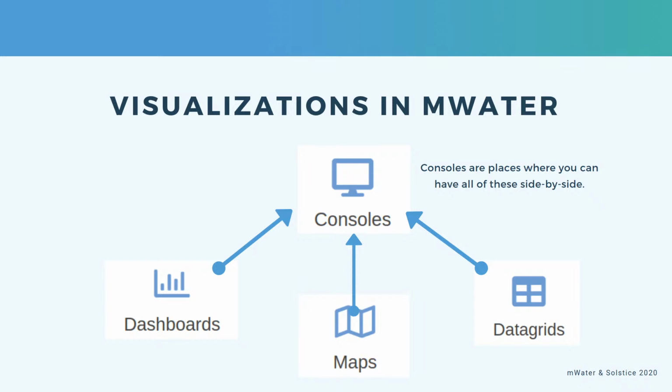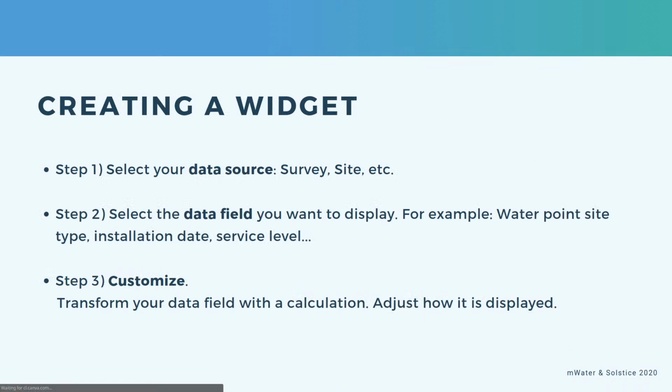You just say, okay, this is the Haiti management console. This is the South Sudan management console. This is the Nairobi management console, for example. And you can have all different angles into your data, different surveys, and so on in one place. So, just to be really clear about all these names: dashboards, maps, data grids, and consoles.